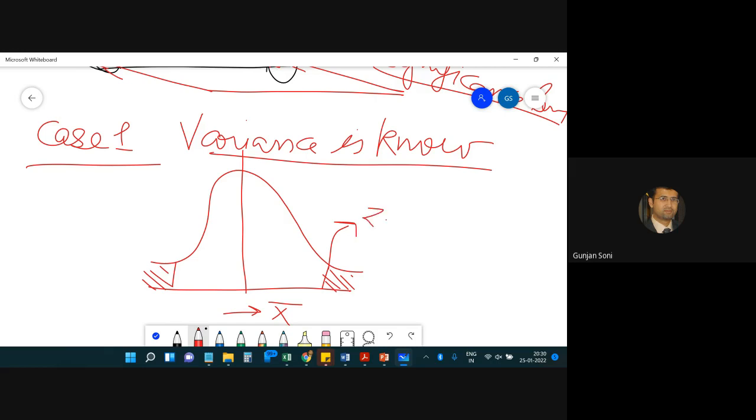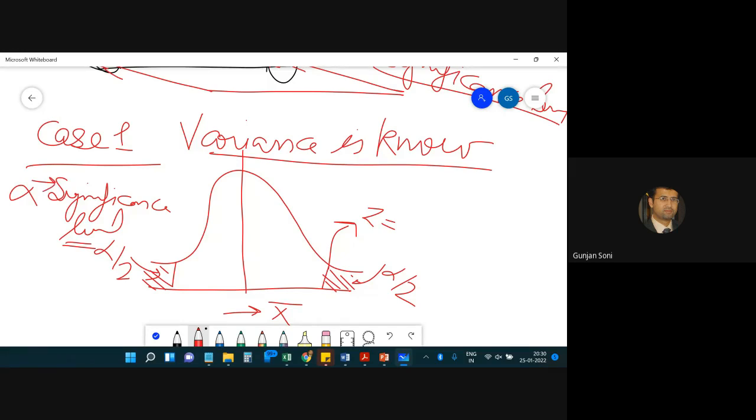It will be z equal to this. Let's say this is alpha by 2, and this is also alpha by 2, where alpha is the significance level. It is defined by the user, and the z value, let's say, is z alpha by 2.